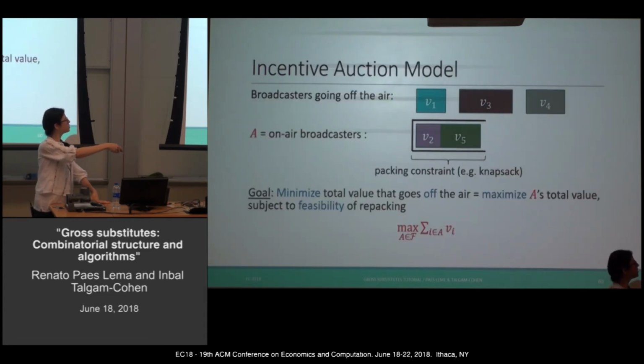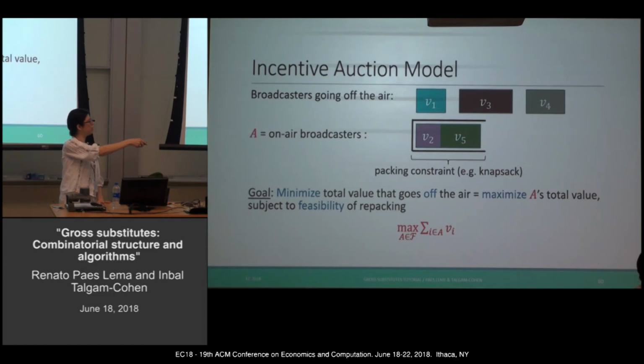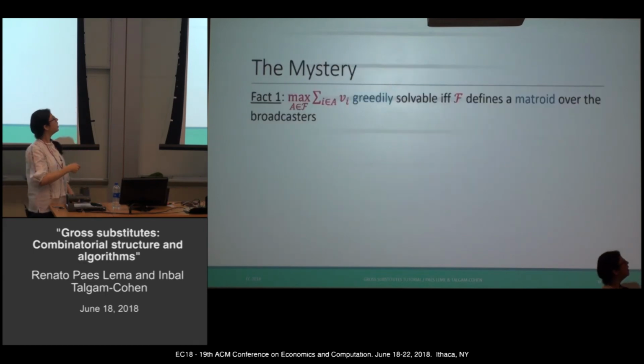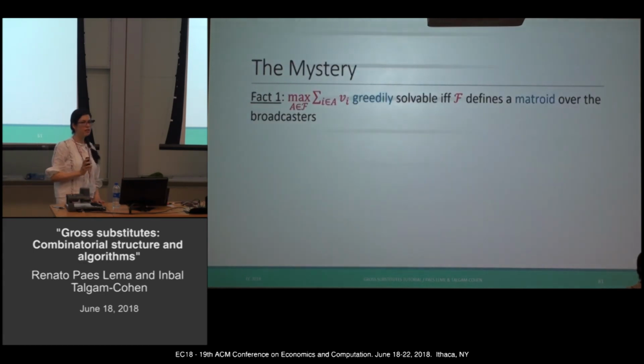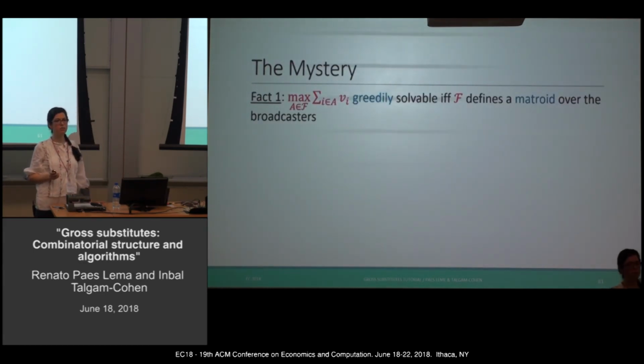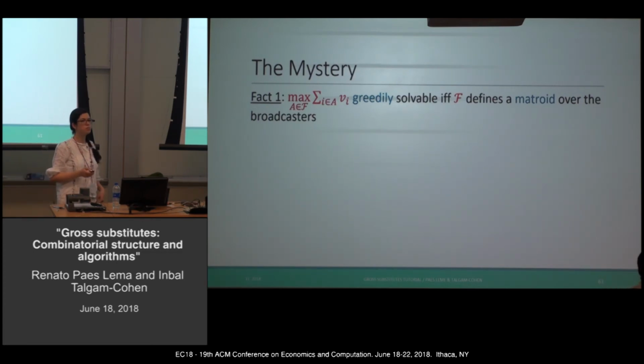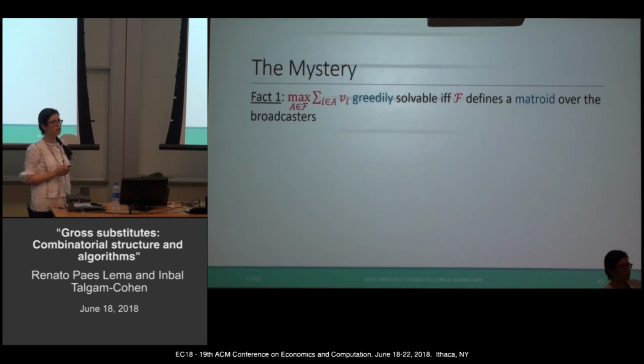Mathematically, here's our problem: finding a set which is feasible and has maximum value. First fact: you can maximize the total value of a feasible set by greedy if and only if the feasibility constraint defines a matroid.